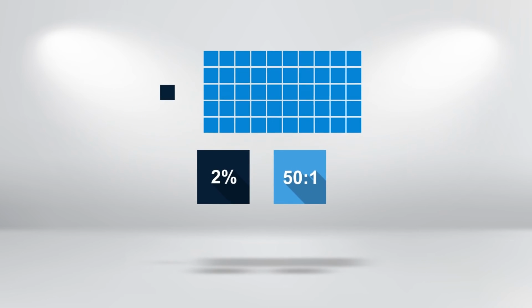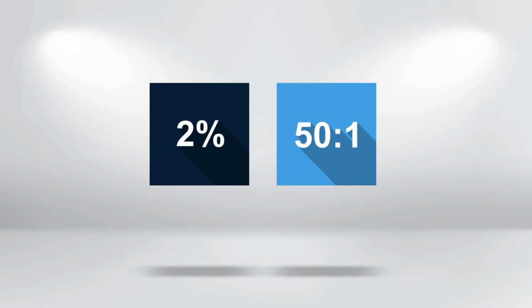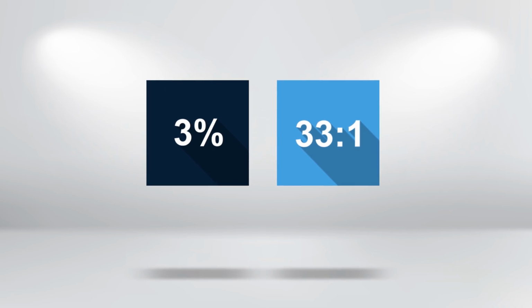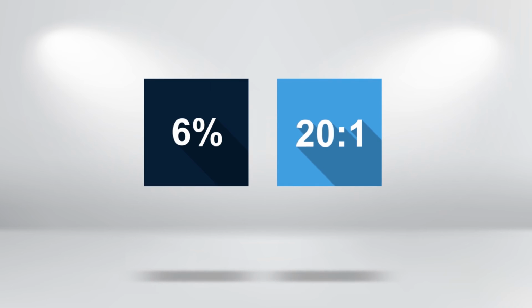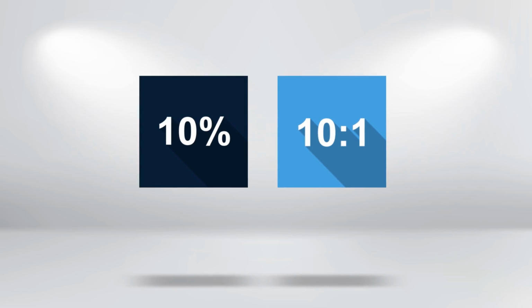This means that the leverage is 50 times. So for every 1 unit traded, you are able to control 50 units. 2% margin is therefore the same as 50-to-1 leverage. As we increase the margin requirement from 2% to 3 to 4 and so on, we can clearly see how the leverage decreases.